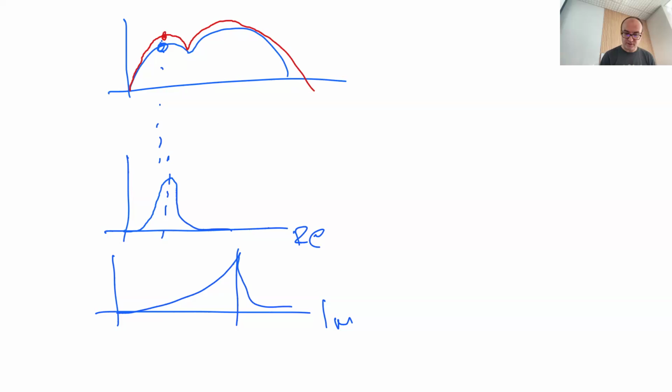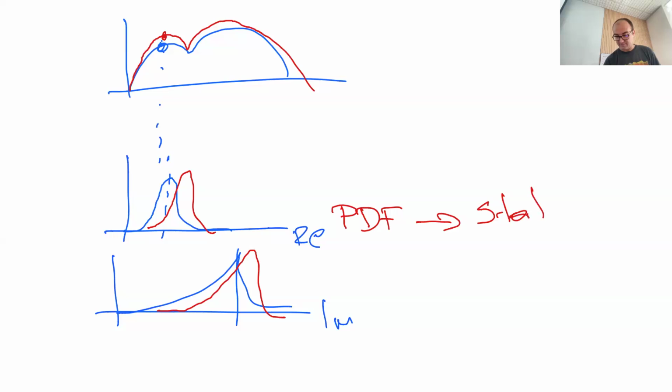And on this different point, we can now estimate the parameters of this PDF, and we will have something like this for the real and for the imaginary, mainly on the left side and on the right side. And since now we are dealing with PDFs, we can use statistical tests to check whether these differences are significant or fall within our estimation noise.